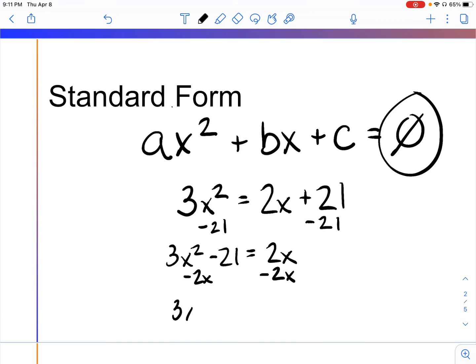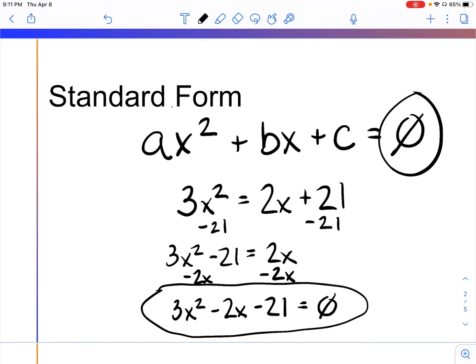So 3x squared minus 2x minus 21 equals 0. So that is a quadratic equation in the form ax squared plus bx plus c. So a would equal 3, b would equal -2, and c equals -21.